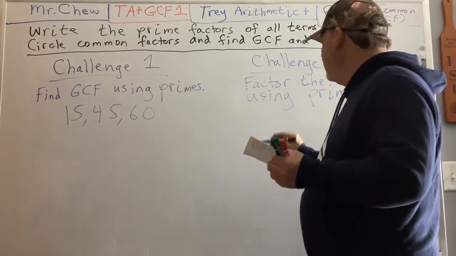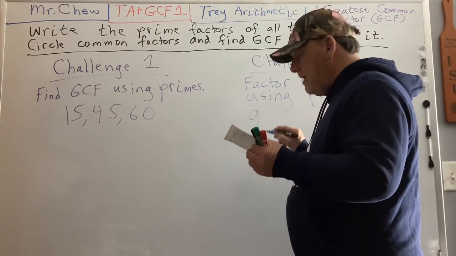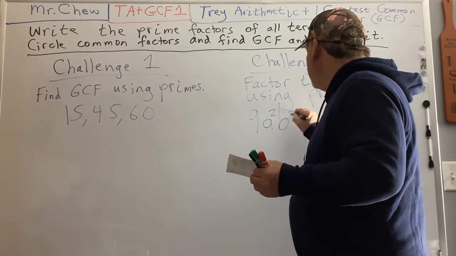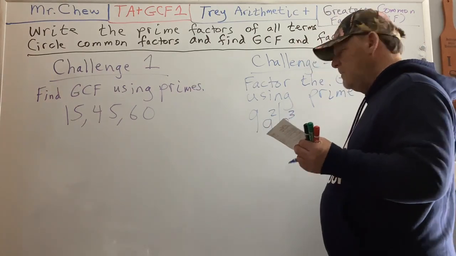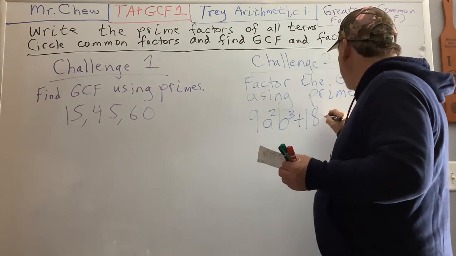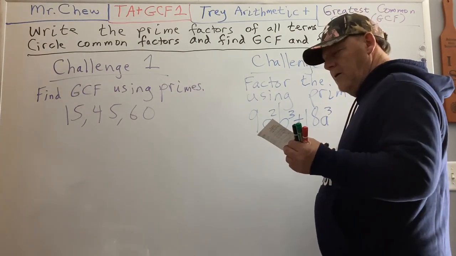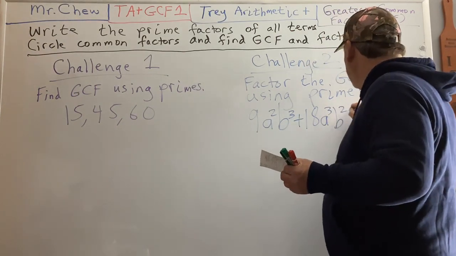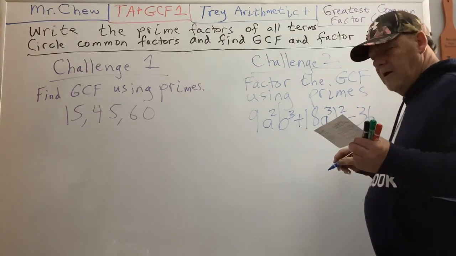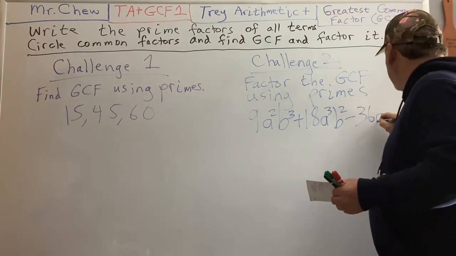Okay, here it is: 9a squared b to the third plus 18a to the third b squared minus 36a squared b squared.